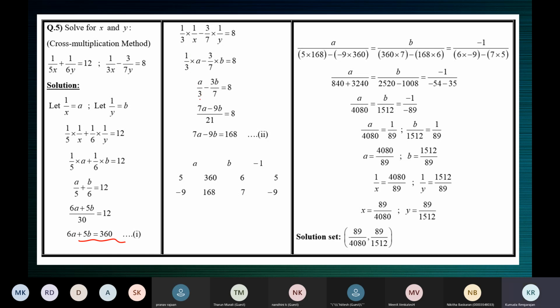Here also we have 3 and 7 in the denominator, LCM, cross multiply, this is the second equation. Now cross multiplication method, A, B, minus 1. Arrange the columns and then solve. You will find A and B, and then using A and B, you should find the values of x and y.